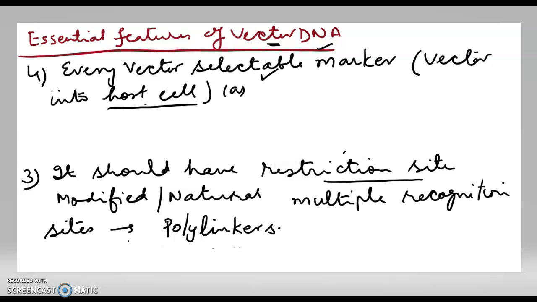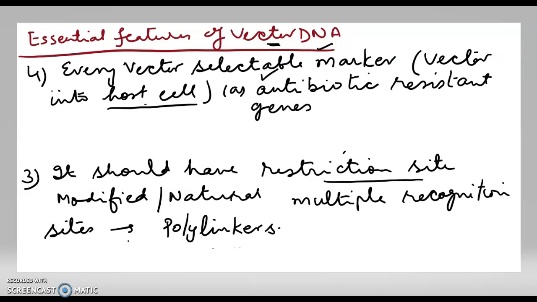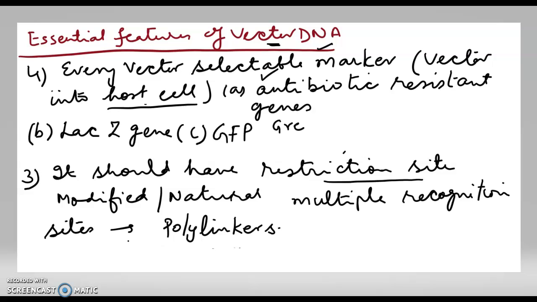Mostly we use antibiotic resistant genes as selectable marker. In some cases, we use LacZ gene also. These days, GFP, that is green fluorescent protein, is also being used as a selectable marker.